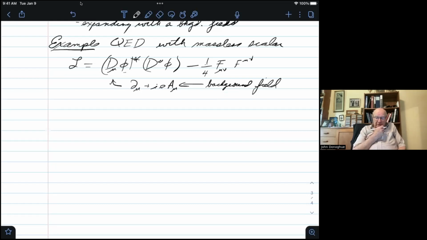Okay, so we're going to do a loop of the scalar in the presence of this background field. Okay, we'll do this in the path integral formulation, and so let's just transform this a little bit. Basically, the Lagrangian for the scalar, if I integrate by parts, can be rewritten as minus the integral phi star D_mu D^mu phi.